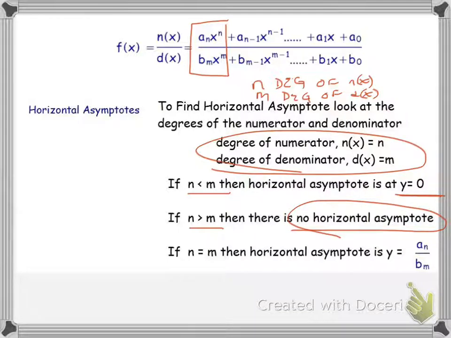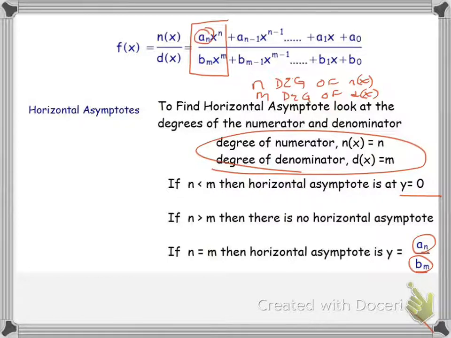And if the degrees are the same and they're equal to each other, then the horizontal asymptote will be y equals the leading coefficient from the numerator and denominator, a sub n over b sub m. So those leading coefficients will be the horizontal asymptote.